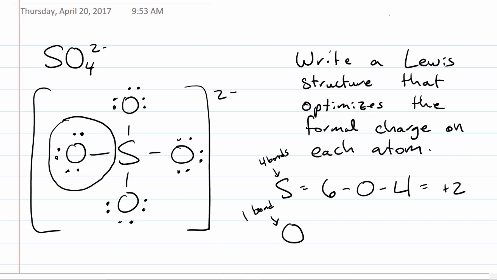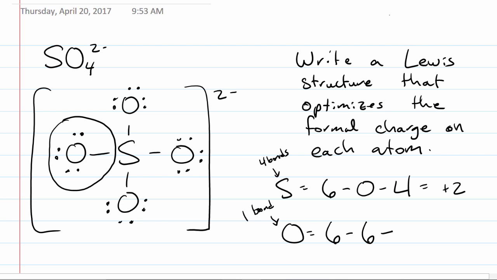And if we have an oxygen that has 1 bond, we follow the formula. The formula says we're going to take the number of valence electrons on a free atom, which is 6. Then we're going to subtract from it the number of lone pair electrons, which is 6. There are 3 pairs, and we're counting individual electrons here, so we take 6 minus 6.